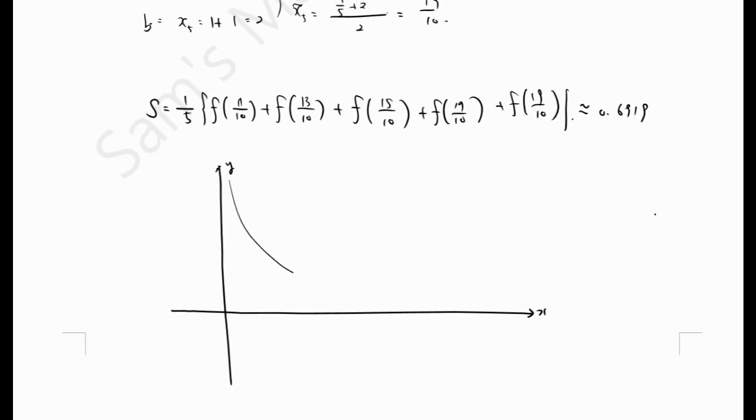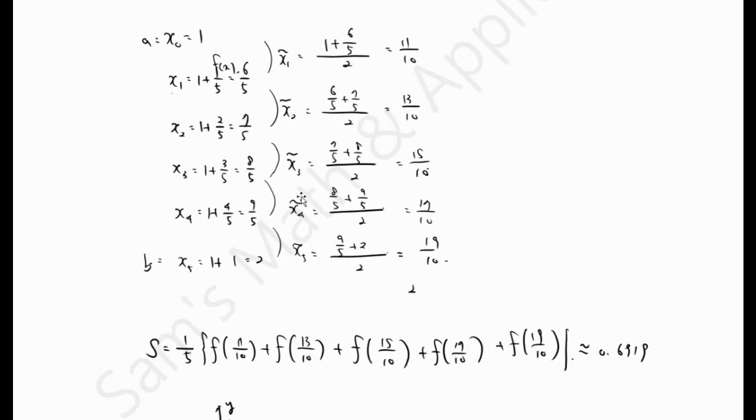So I will express this in a graph. This is x and this is y, and this graph is y equals 1 over x. This is 1 and this is 2.